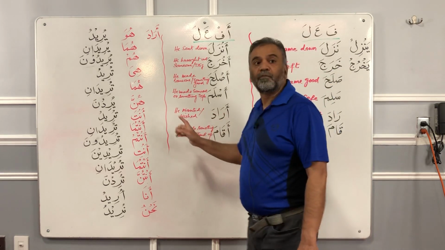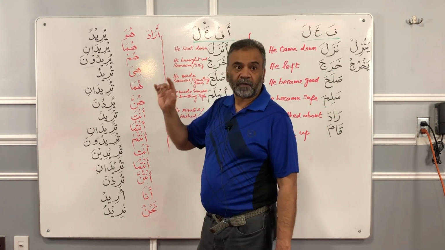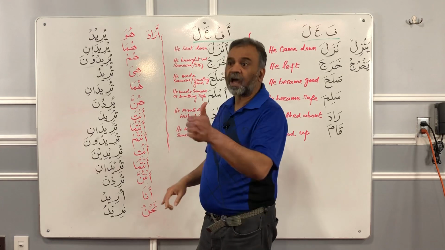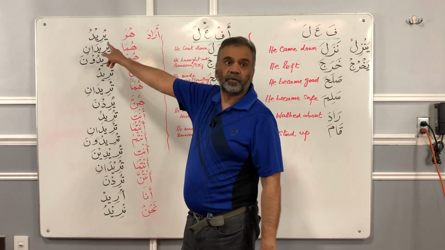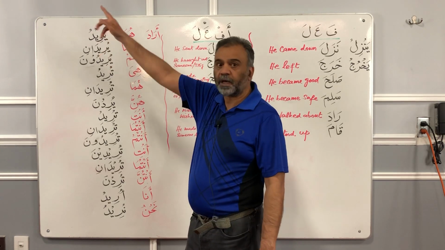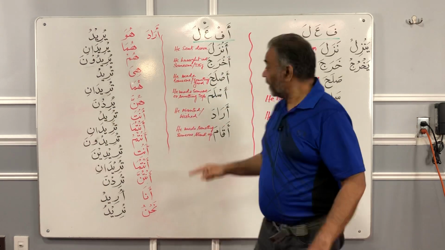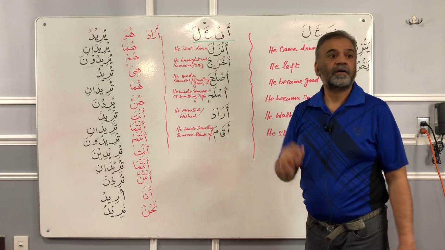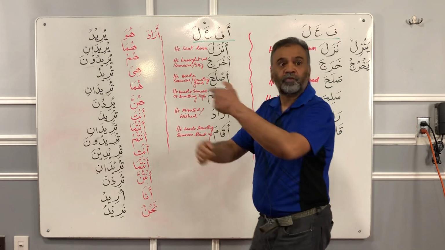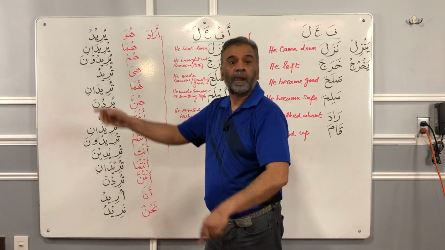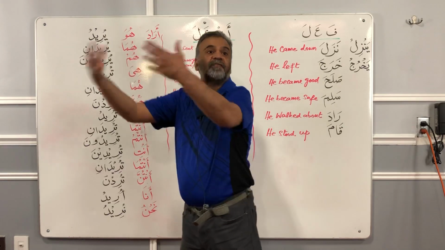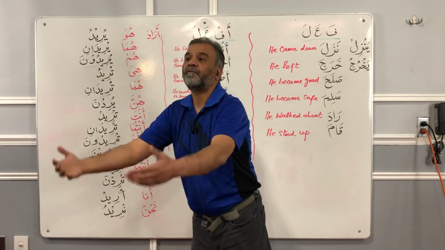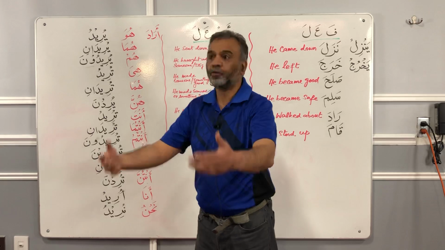But when arada moves into a mudare form, I know it's a 4-letter verb, so the sign of mudare becomes a dhamma. Also, hiding behind this alif is the ya. And when it moves into the mudare form, it manifests itself. It presents itself. Okay, I am coming out in mudare form.